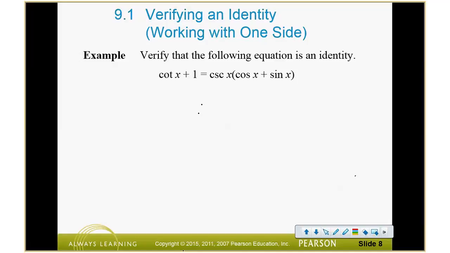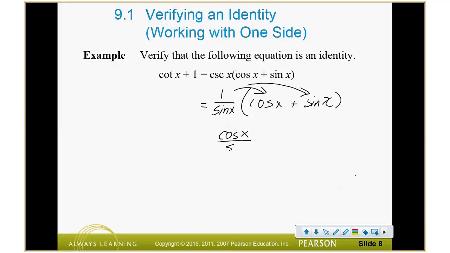So equals 1 over sine of x times cosine of x plus the sine of x. Now what? Distribute. You get cosine of x over sine of x plus sine of x over sine of x.